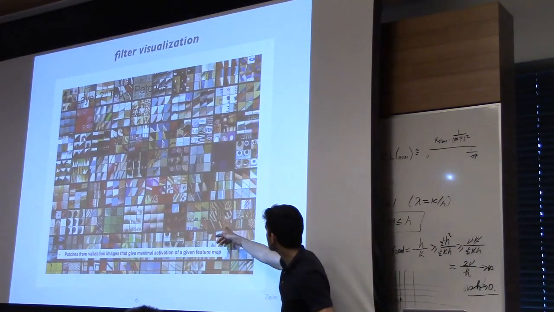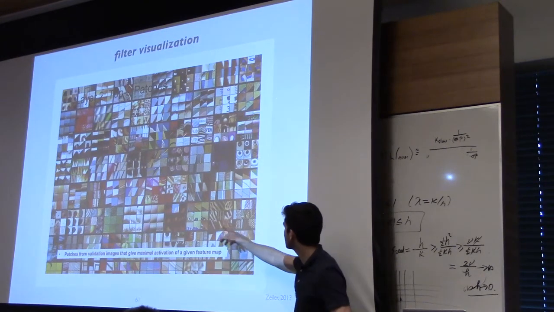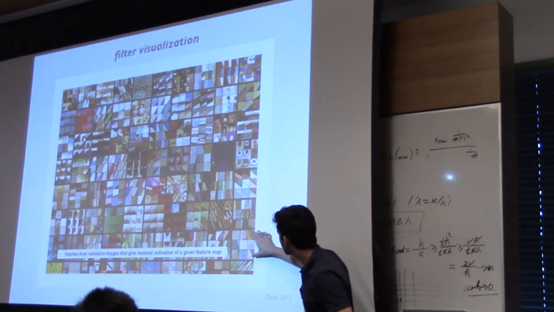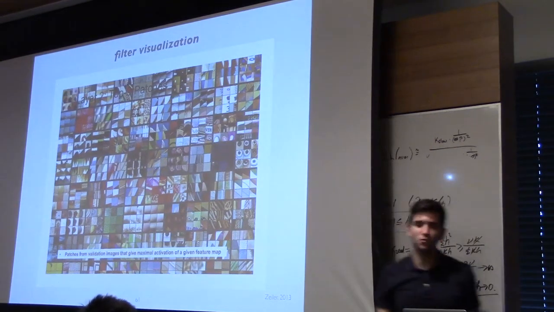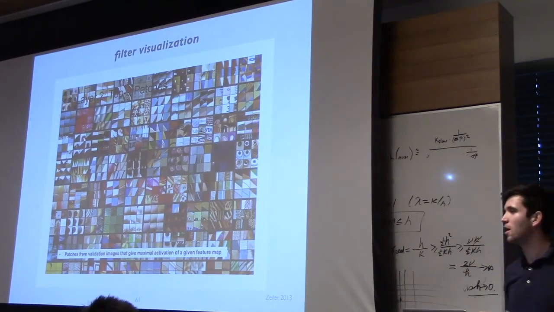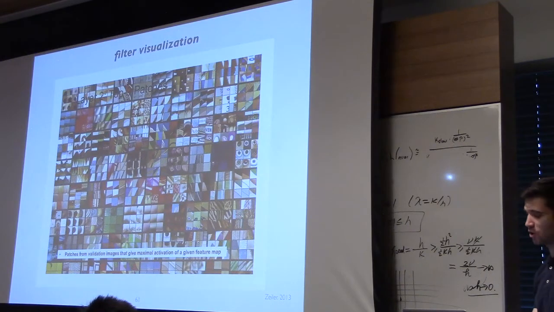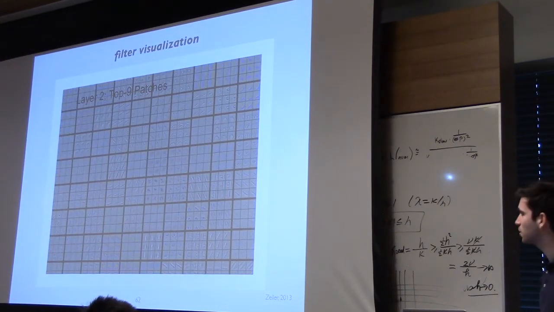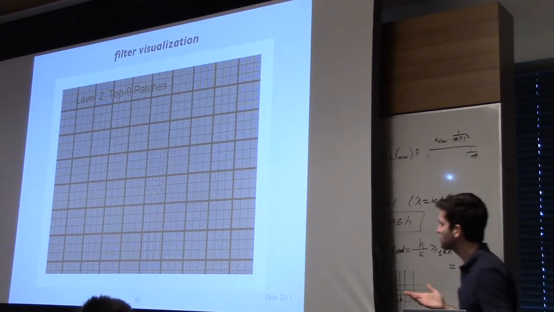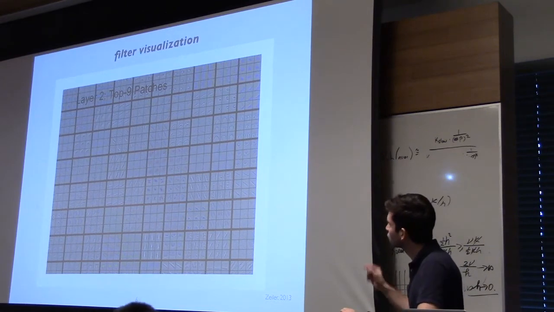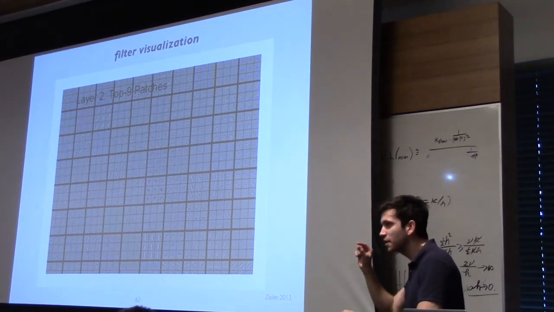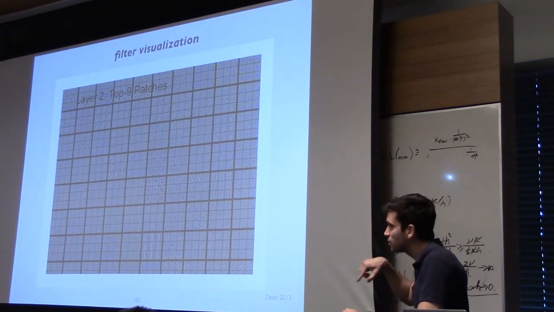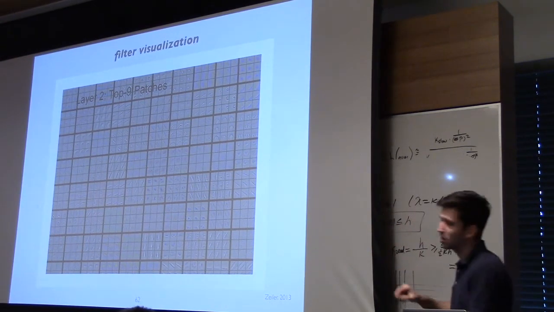You have like a cheetah skin like pattern here. Very fine textures here and here. But yeah, a lot of either very basic shapes or textures or lines of things of that nature. And when you visualize the deconvolution of these images, you see that, yes, indeed, these filters are highlighting these specific features. They're highlighting the lines, they're highlighting the shapes, the circles.